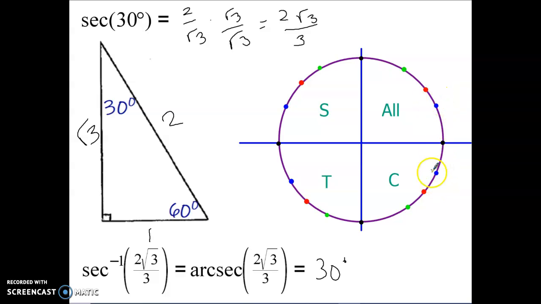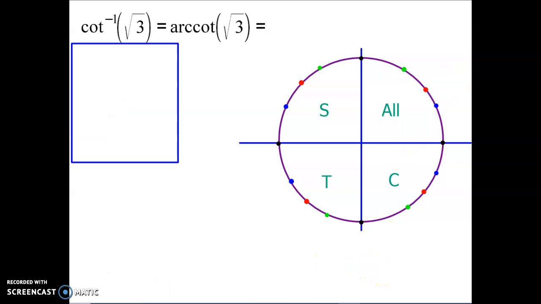Now I need my fourth quadrant answer. So if I go around the unit circle and I stop here with a reference angle of 30 degrees away from 360, that's going to be 330 degrees. So my two answers here, the two angles that have a secant of 2 square root of 3 over 3 are 30 and 330.